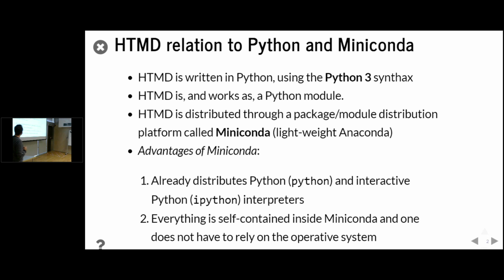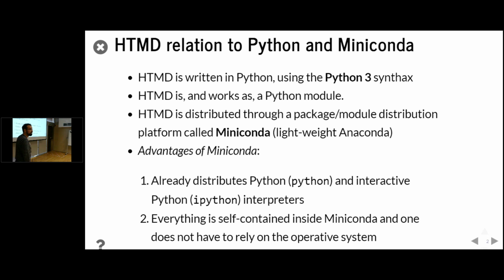And the Miniconda that you see over there, I don't know if you're familiar with it, Jenny already talked to you about the Conda distribution package. Basically, HTML, like ACEMD and other tools that we have, are distributed through a package distribution platform called Miniconda, which is a lightweight version of Anaconda. This is basically a place on the web where you can put packages.